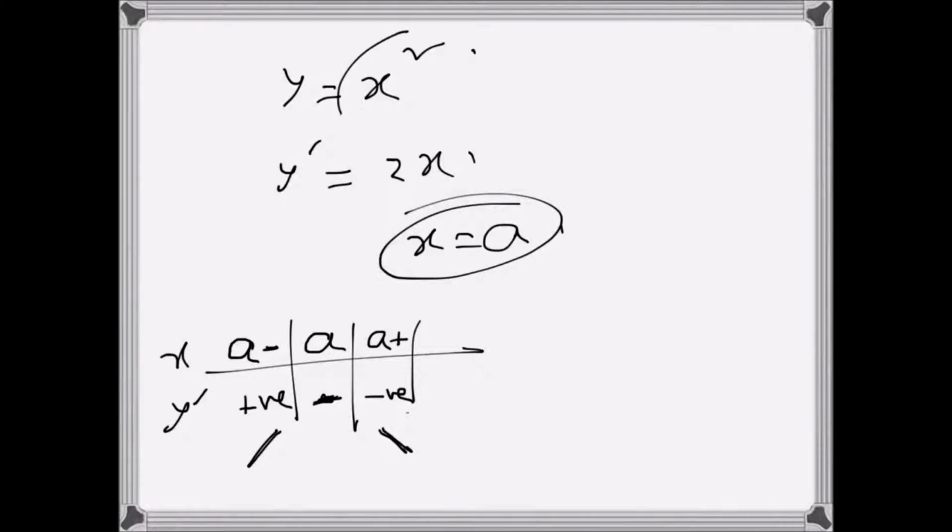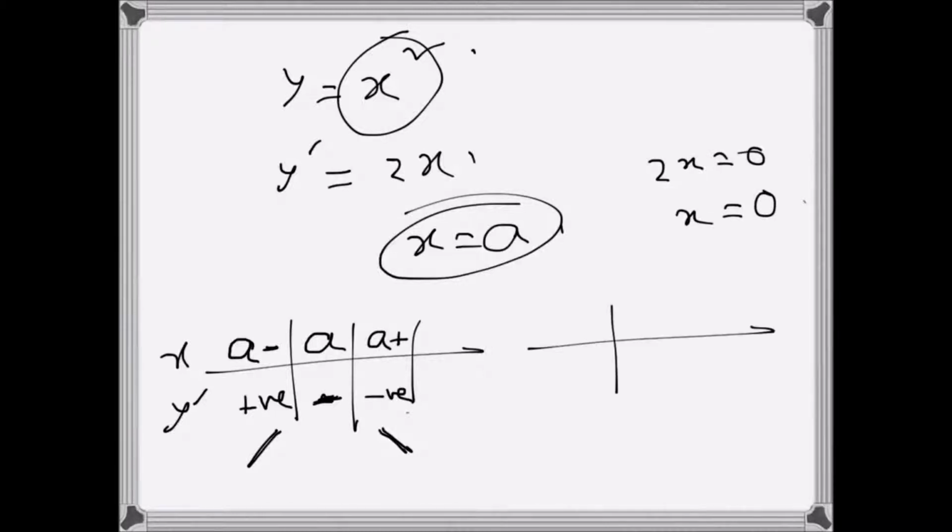If we do this with our function, the stationary point is where 2x = 0, so at x = 0. To find whether this is a maxima or minima, we check x = -1 and x = 1. The y prime is 2x.